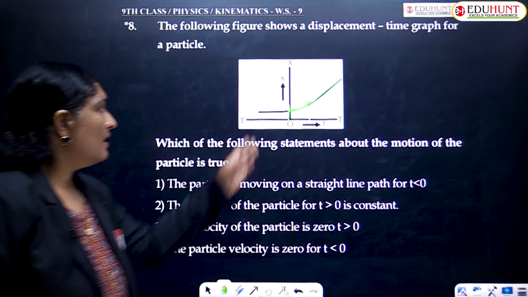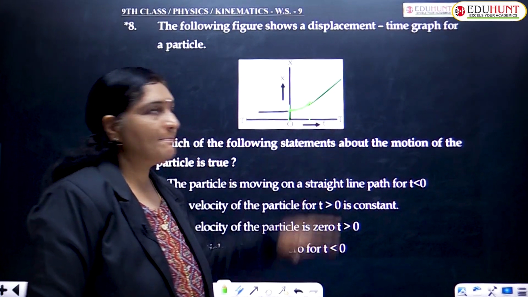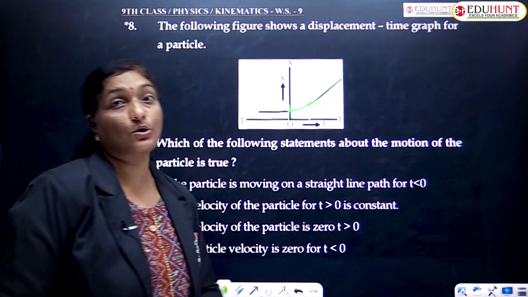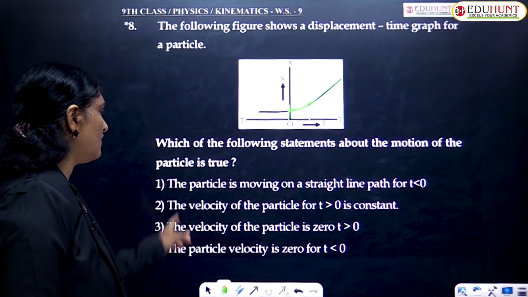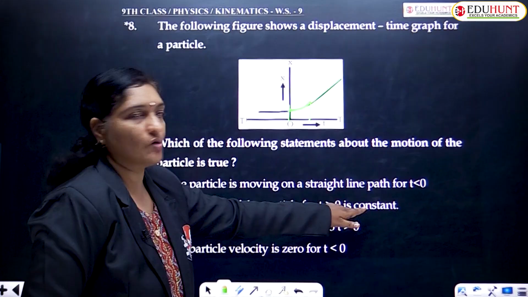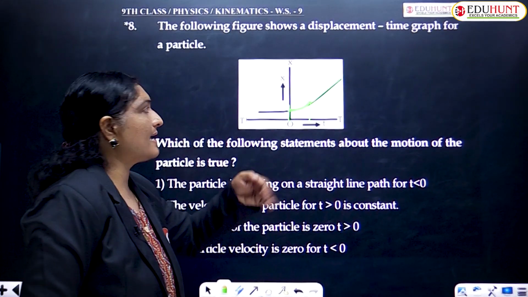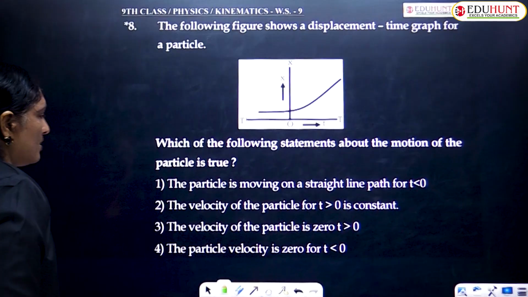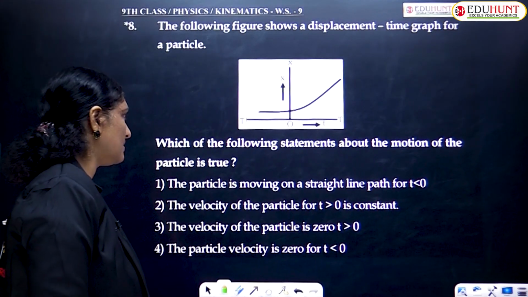Curved shape means for t greater than 0, in some part it is moving with acceleration and later again moving with constant velocity. So the velocity of the particle for t greater than 0 is not completely constant. To some extent it is accelerated and later on it is moving with uniform velocity. So, the second one is also not completely true.